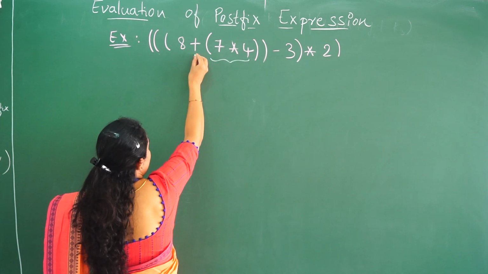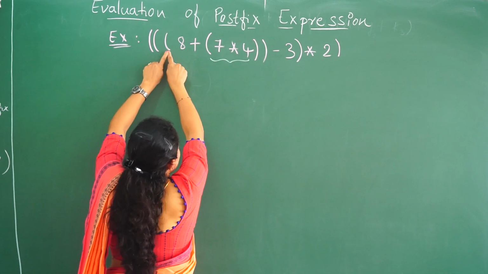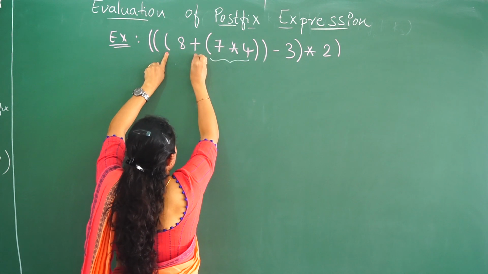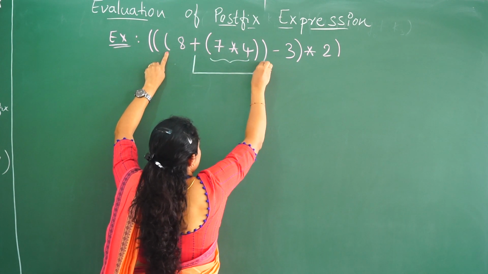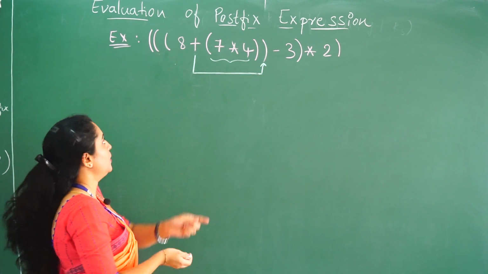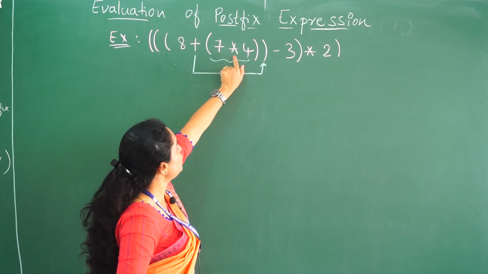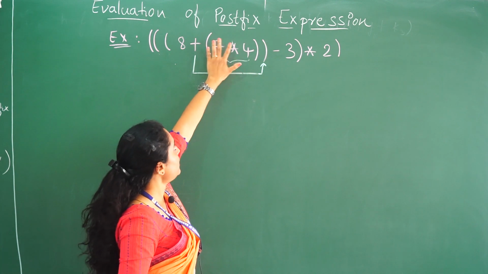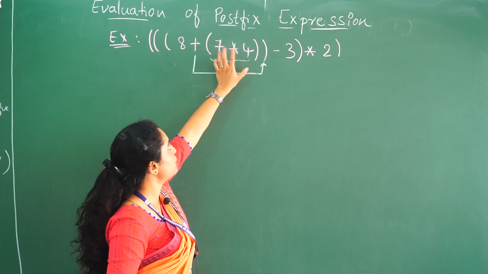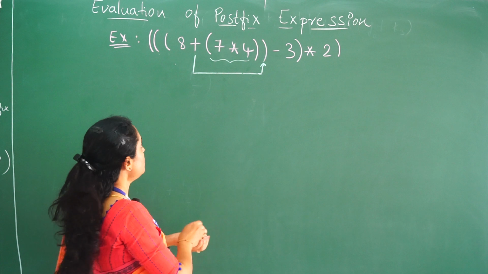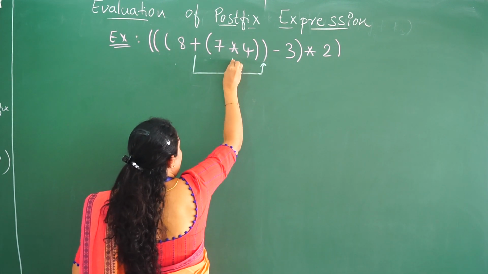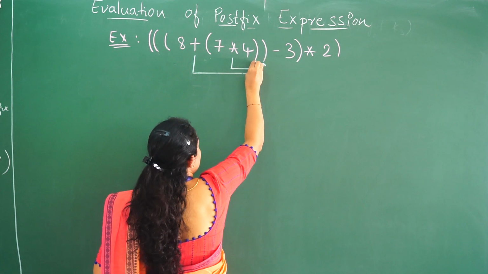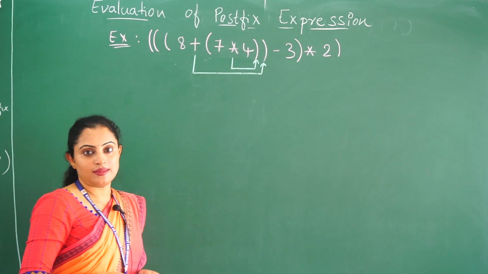So this plus belongs to this and this, and this plus will be replaced with this right parenthesis. Next 7 into 4: this is one operand and this is one operand, with the operator between them, and this is the whole expression. So let's replace this asterisk with this right parenthesis.